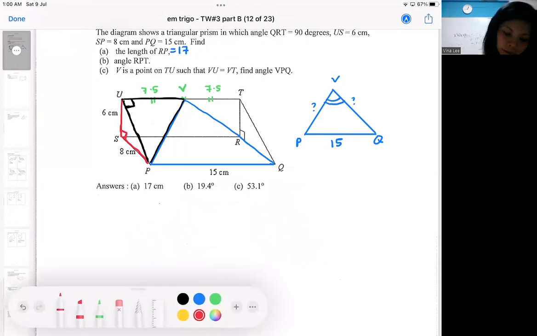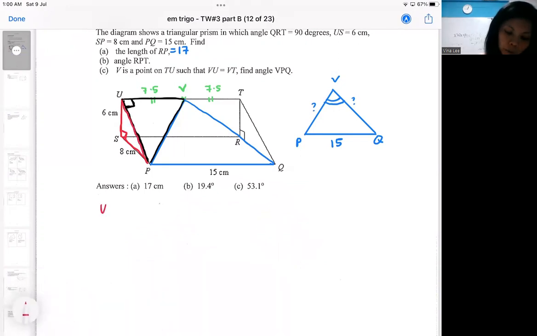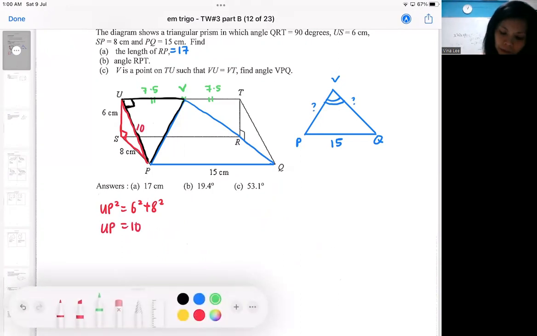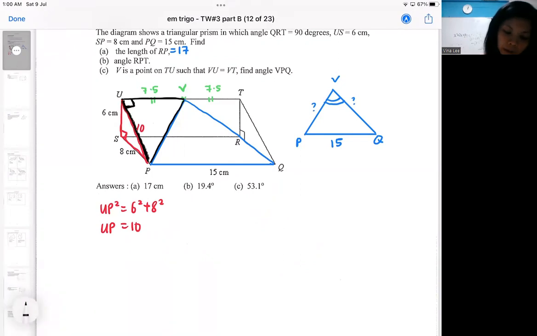So in the red triangle, I can find UP squared. Then in the black triangle, I can find PV squared. And this is not your final answer.